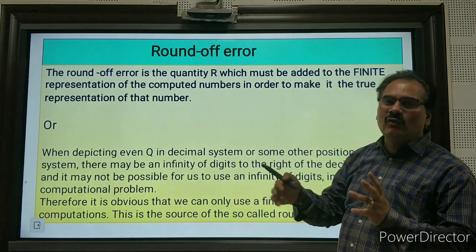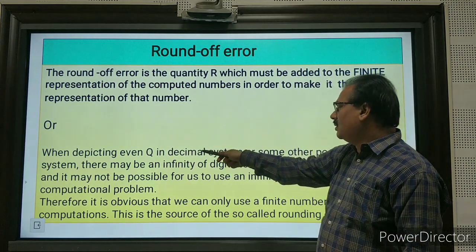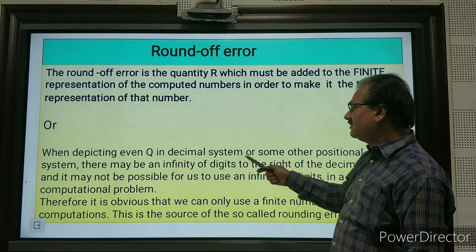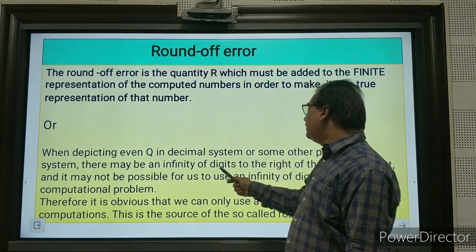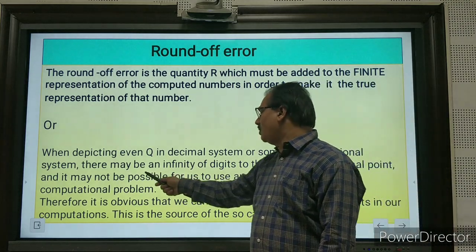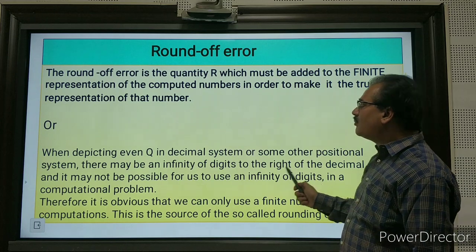From the school level we know what round means. When depicting any rational number in the decimal system or some other positional system, there may be an infinity of digits to the right of the decimal point, and it may not be possible for us to use an infinity of digits in a computational problem.